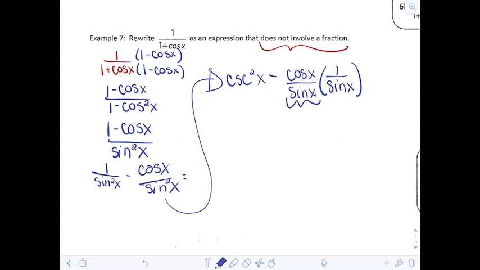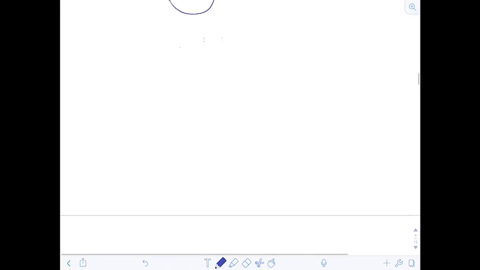So now cosine of x over sine of x is cotangent of x. 1 over sine of x is cosecant. And I have cosecant squared of x at the beginning. So no fractions, completely rewritten. Cosecant squared of x minus cotangent of x times cosecant of x.